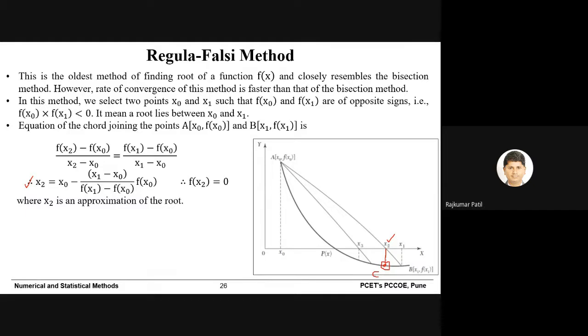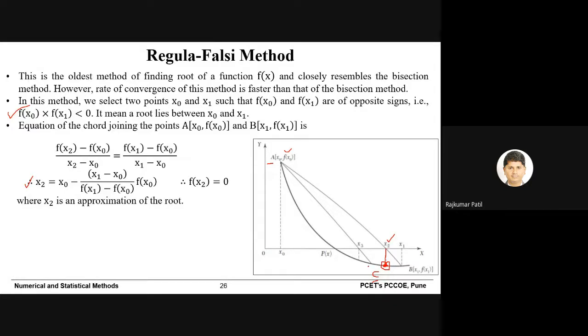Then again we check whether the product of f of x2 and f of x naught is less than 0 or not. If this condition is satisfied, then we can say that the root lies between point A and point C.